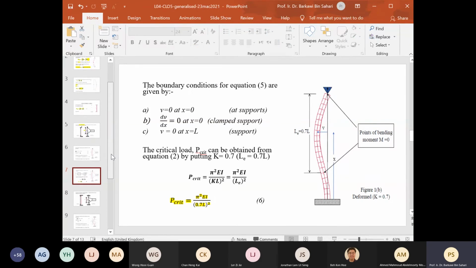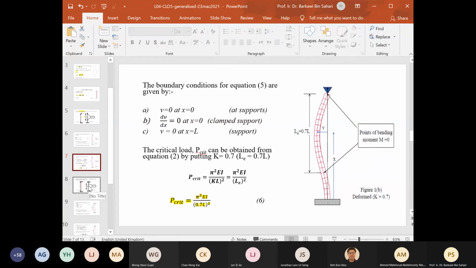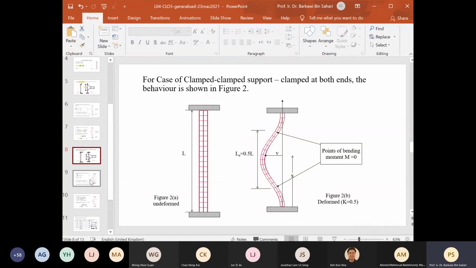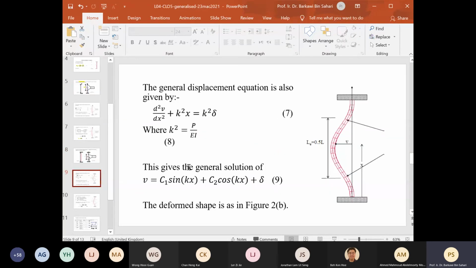Right, and the last one is clamp-clamp. From the simulation work, the LE is 0.5 L. These are the zero bending moment points that define effective length, and we could calculate from first principles if we wish to find that.